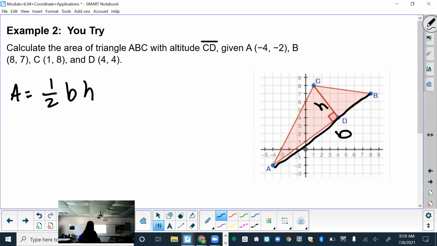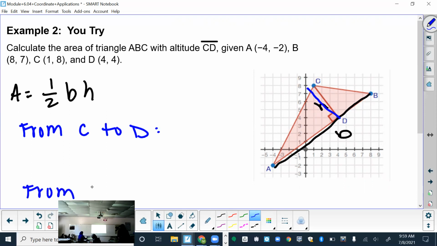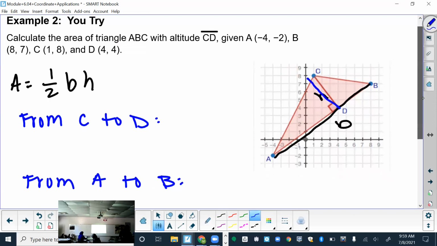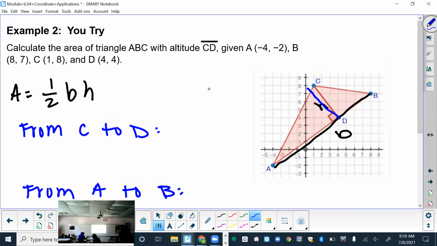The height is represented by what line? D to C. Good. So I would need to find the distance from C to B and also from A to B, and then plug it into that formula. All right. So do that, find the distance. I'll put the formula up here.